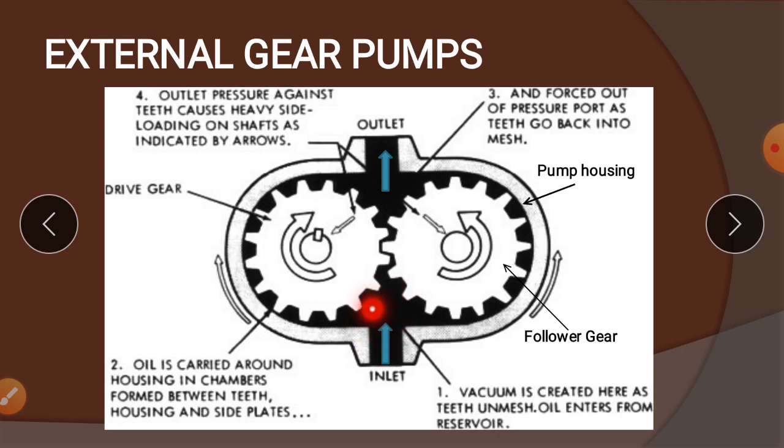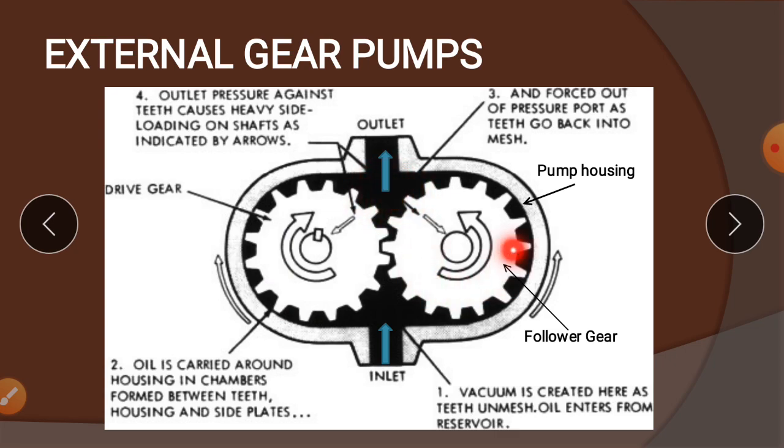The liquid collected here is trapped between the gears and the pump housing periphery. The pump housing walls and the gear cavities trap the oil and move it around the periphery of the housing to this portion. Both gears operate in opposite ways, and the liquid trapped between the gears and the housing walls is collected at this portion.